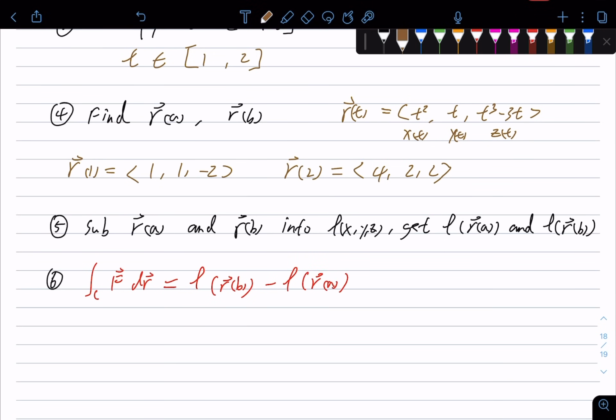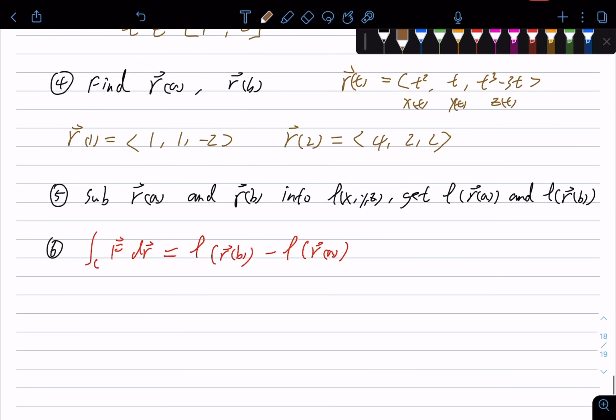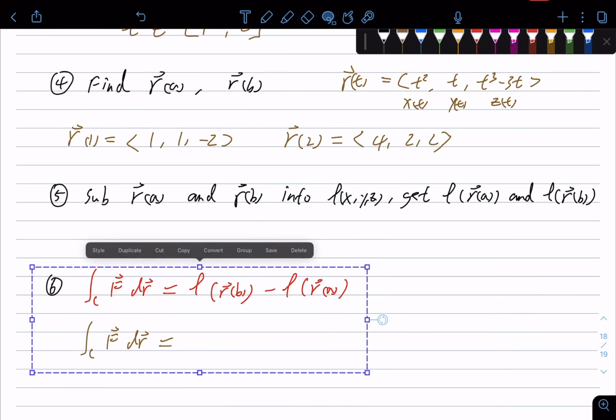So for us, this equals, oh, by the way, I forgot to mention this step right here.